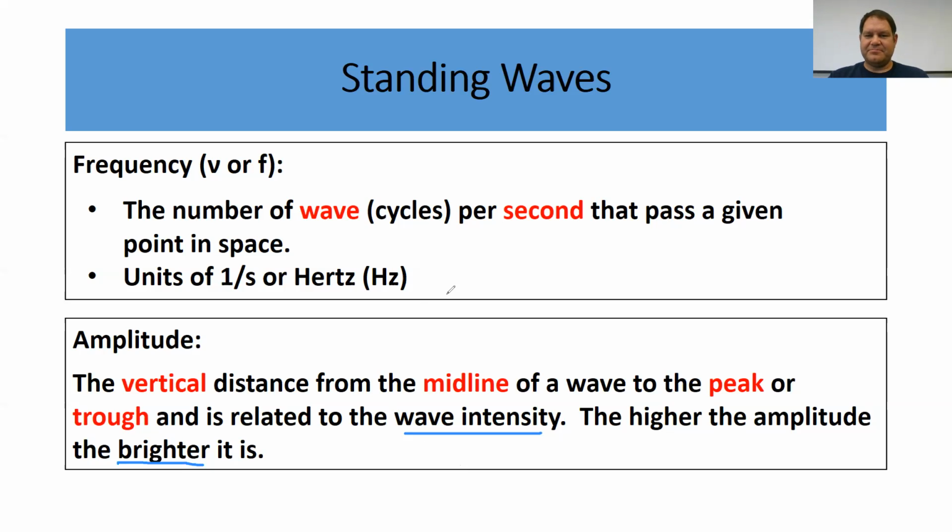So now let's go to our frequency. Frequency might be the more challenging term to completely understand when it comes to standing waves or light in general, but it's absolutely critical in our discussion of light. By definition, frequency is the number of wave cycles per second that pass a given point in space.